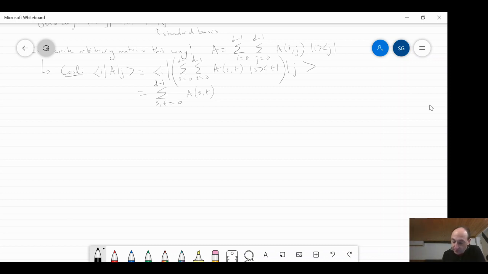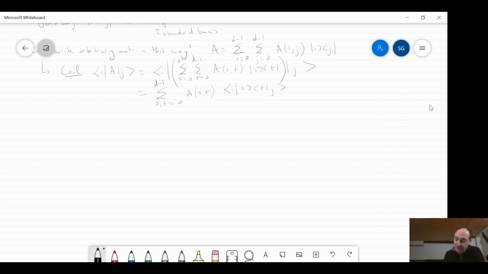Okay, so we can bring out the sum and the scalars. And then what we can do is bring in the bra and the ket vector, and what we'll get is the inner product of i and s, and t and j. And this just follows by the linearity of these objects and these maps involved. Let me be a bit more formal. The inner product is linear in the second argument, and it's conjugate linear in the first one.